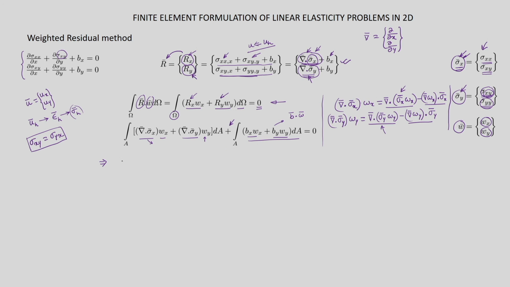So if I write here, we get del wx dot sigma x bar plus del wy dot sigma y bar, integration over area dA is equal to, we have this term and this term.